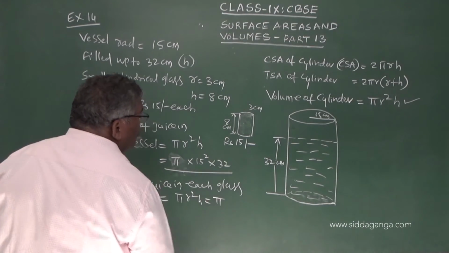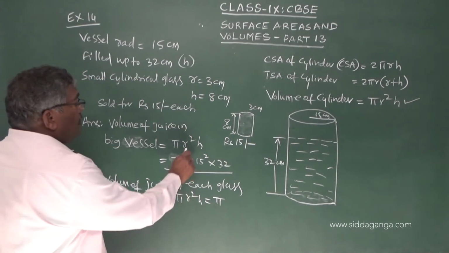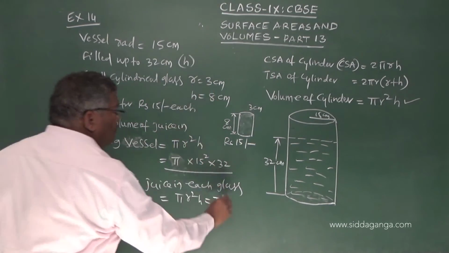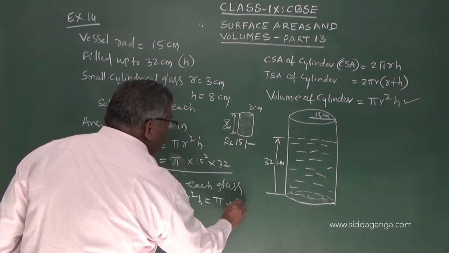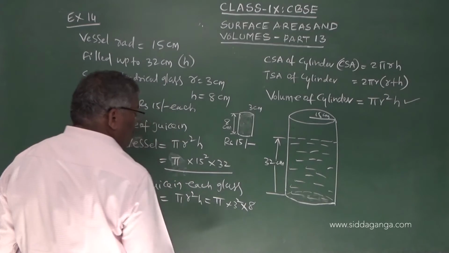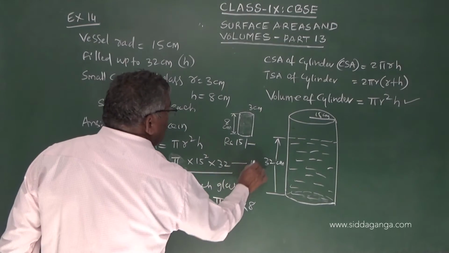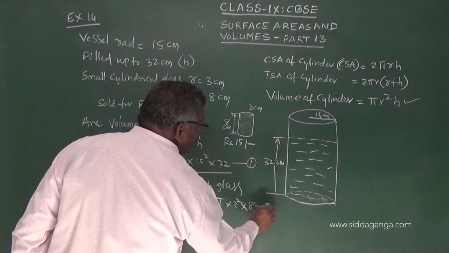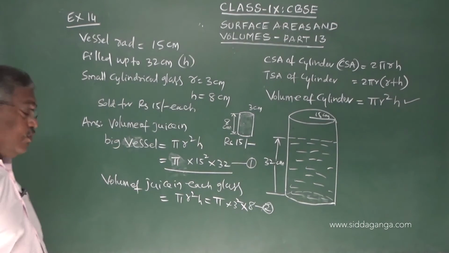Here pi you retain as it is. R is 3 centimeters. You will get 3 square into h is 8 centimeter. So this is 1, this is 2.